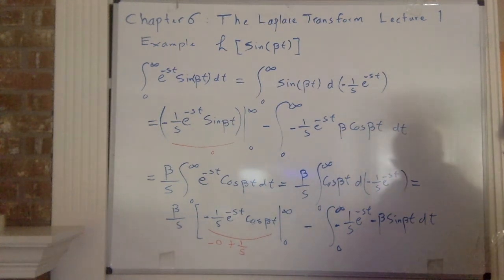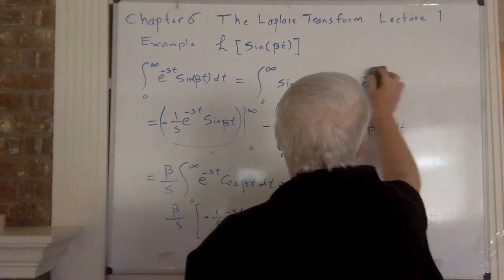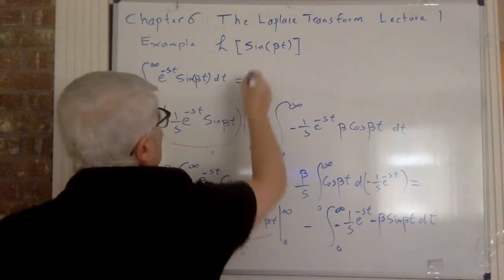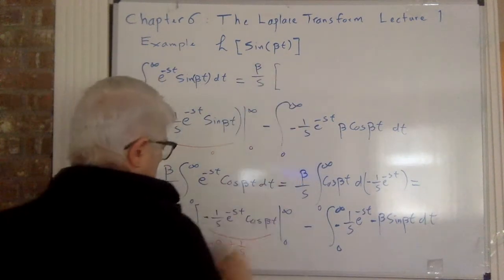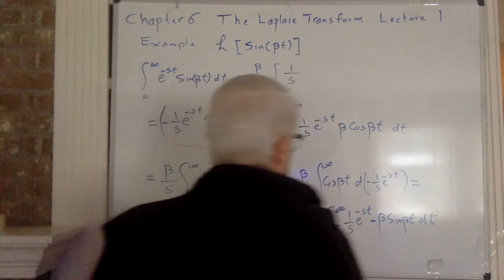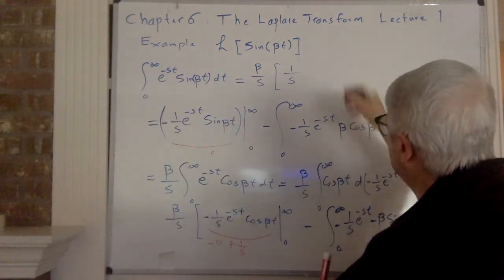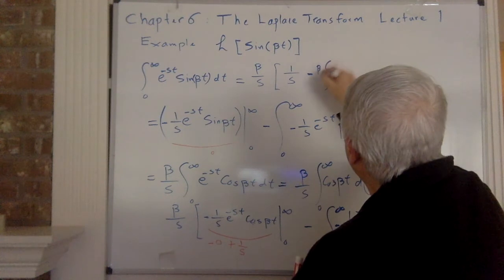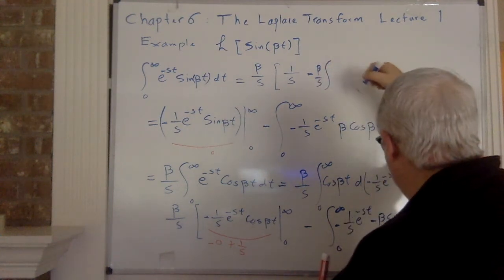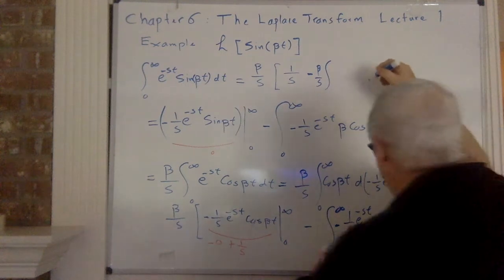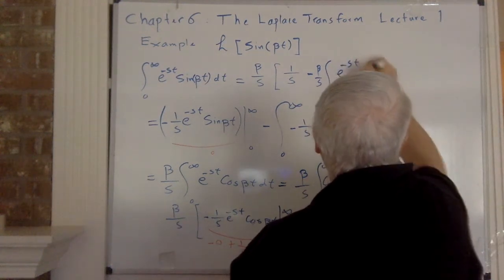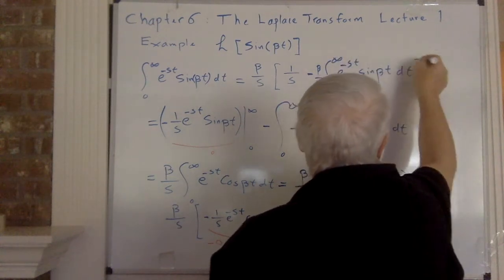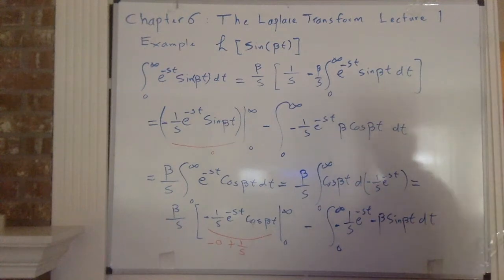And this one is, so let me erase this and write everything up here. And I'm finding that. So I have beta over s. The first one, I have a 1 over s here. And this guy here is minus minus minus. Integral beta over s, and what do I have? Beta over s e to the power minus st sine beta t dt, 0 to infinity.